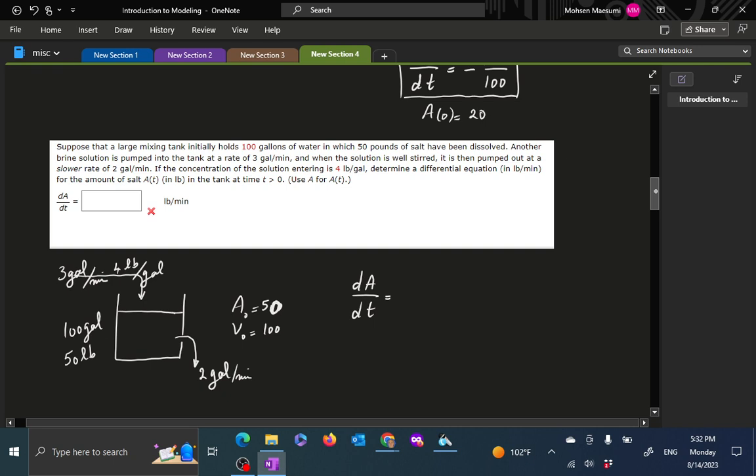We said the amount of salt is the amount coming in minus the amount going out. The amount coming in is the concentration of incoming times the rate of incoming. And the amount leaving is the concentration of the solution being pumped out times the rate at which it's being pumped out.